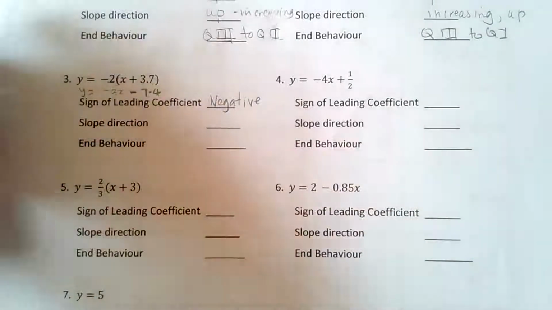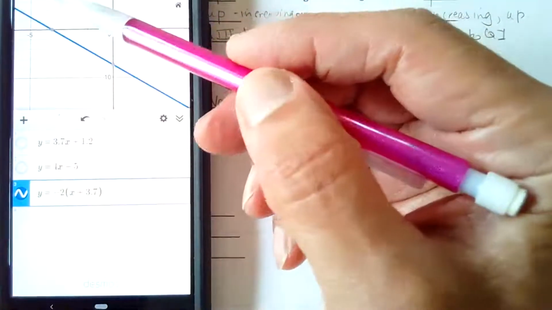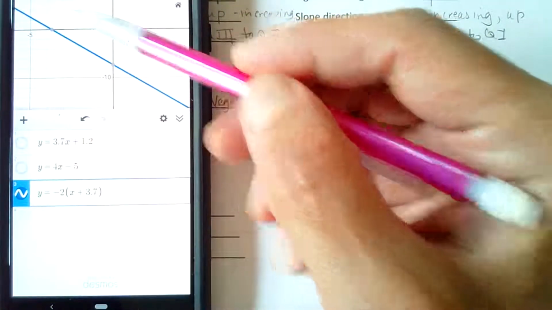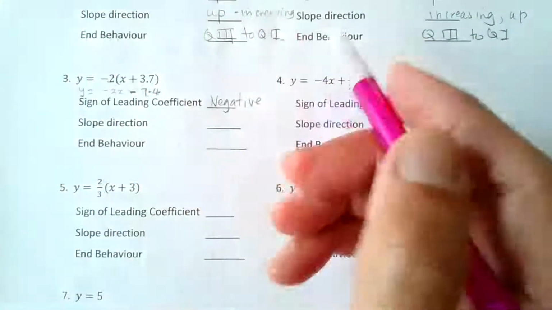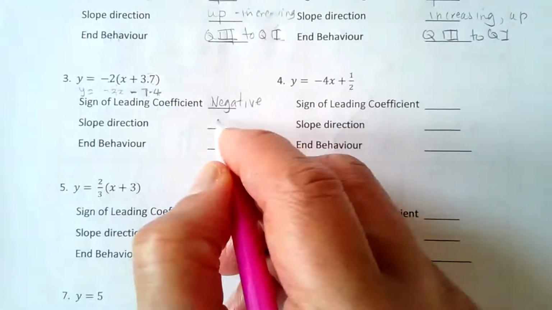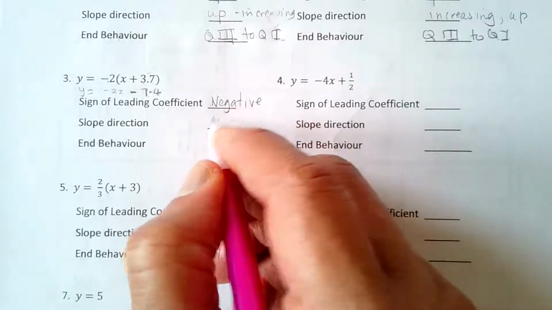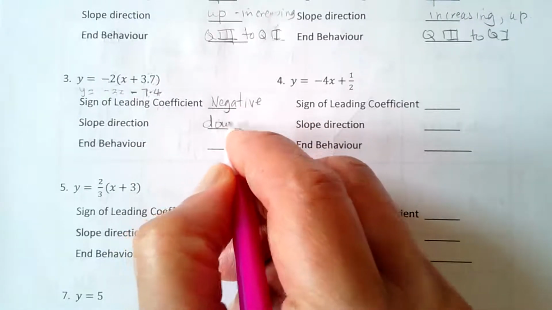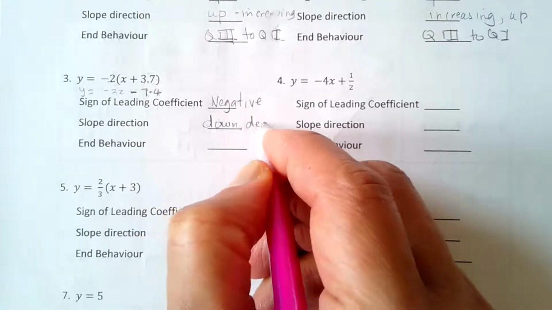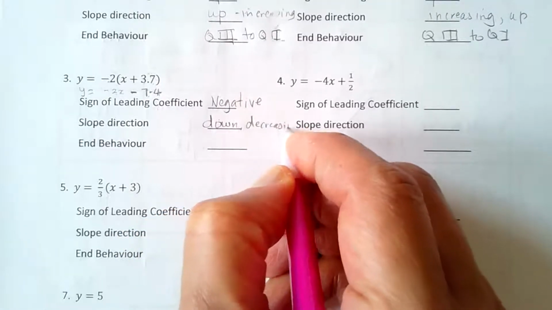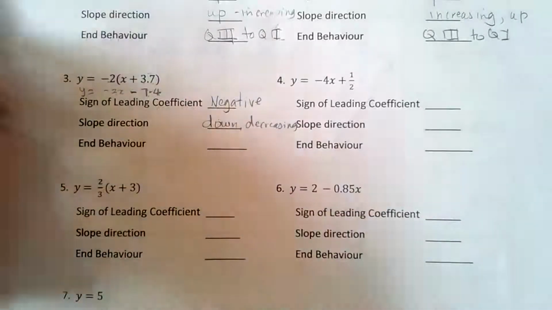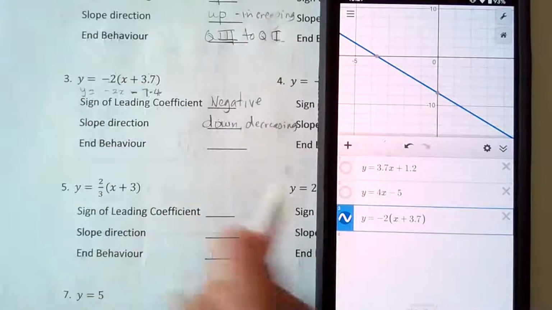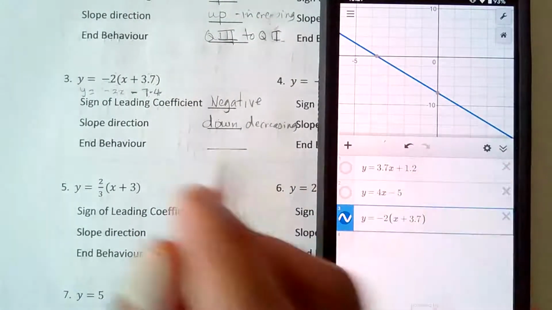So the slope direction, sorry, slope direction is down, or negative, or decreasing. So we can say down or decreasing. And the end behavior is from quadrant 2 to quadrant 4.